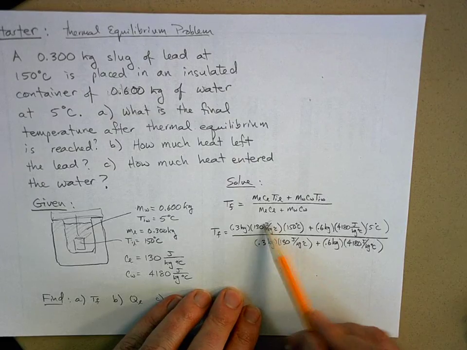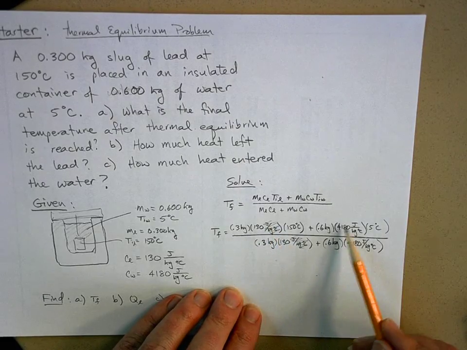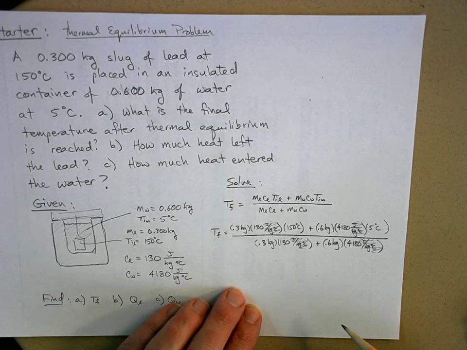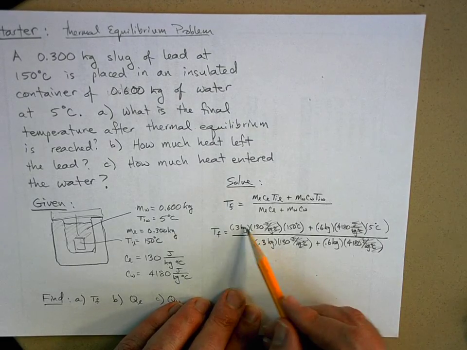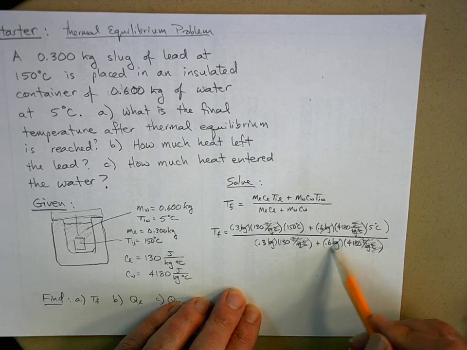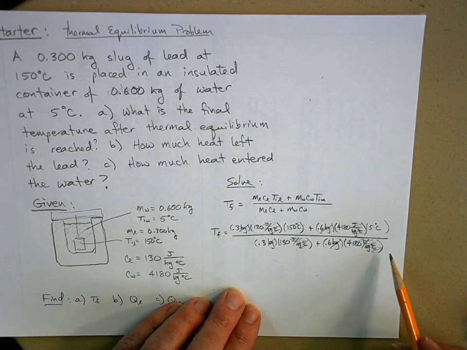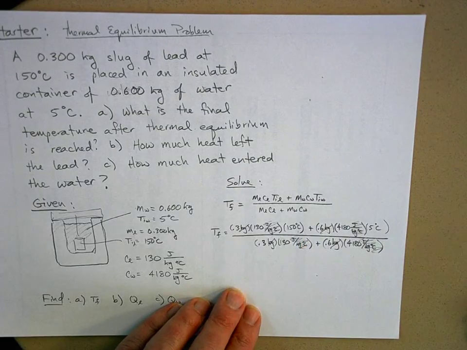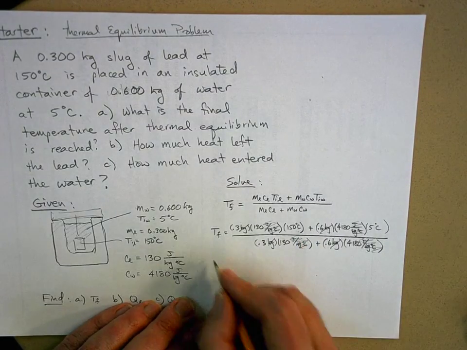The units for the specific heat are in every term, so you can just cancel them out. And kilograms is in every term, so you can just cancel it out. Now everything in the denominator has been canceled out. That's okay. But in the numerator we have degrees Celsius left over, and that's what we want. So the units make sense.